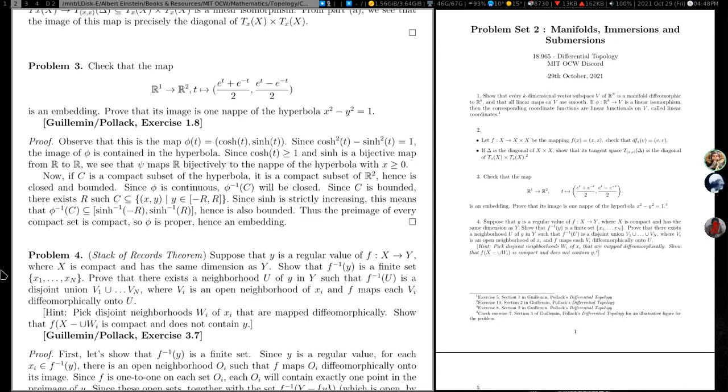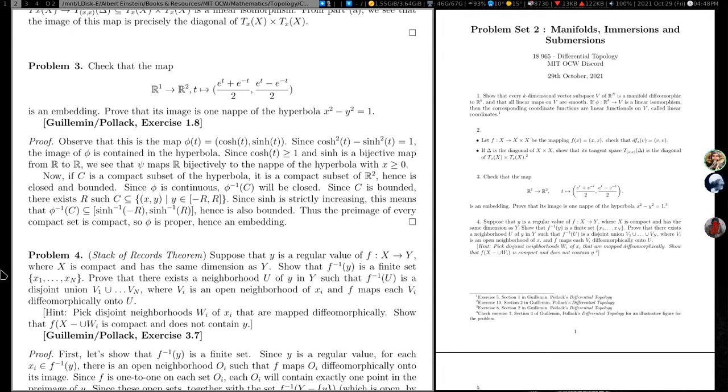It's kind of two parts. The first part I did was to show that the image was the right half of the hyperbola, the part where x is greater than 0. So I just rewrote the mapping as cosh comma sinh. We know that cosh squared minus sinh squared is 1, so every point in the image satisfies the equation for the hyperbola.